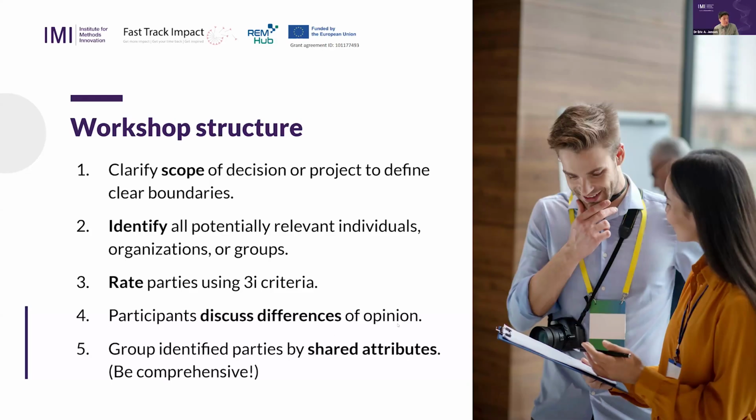That is resolved through discussion. And then ultimately you co-create a categorization of who is relevant. Once you have that set of relevant parties, you identify what can be a shared attribute that we can use to group people together.